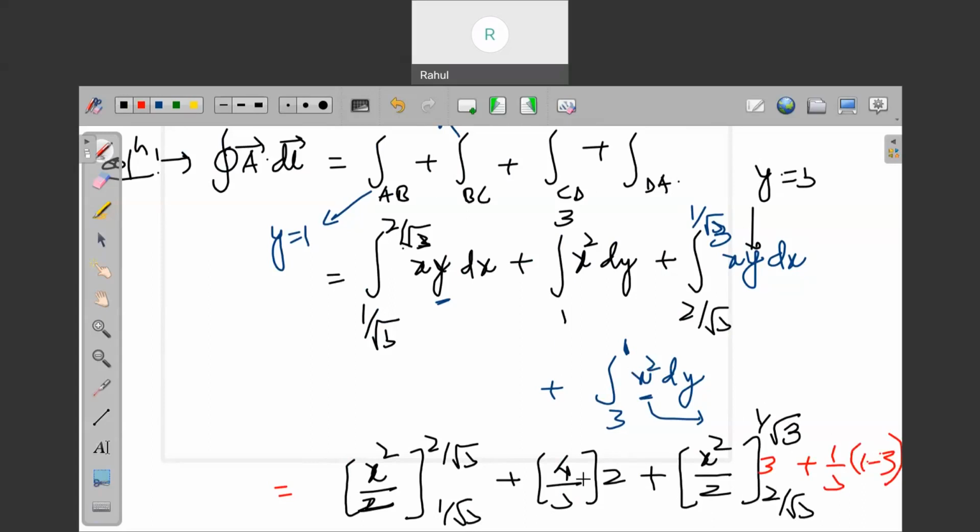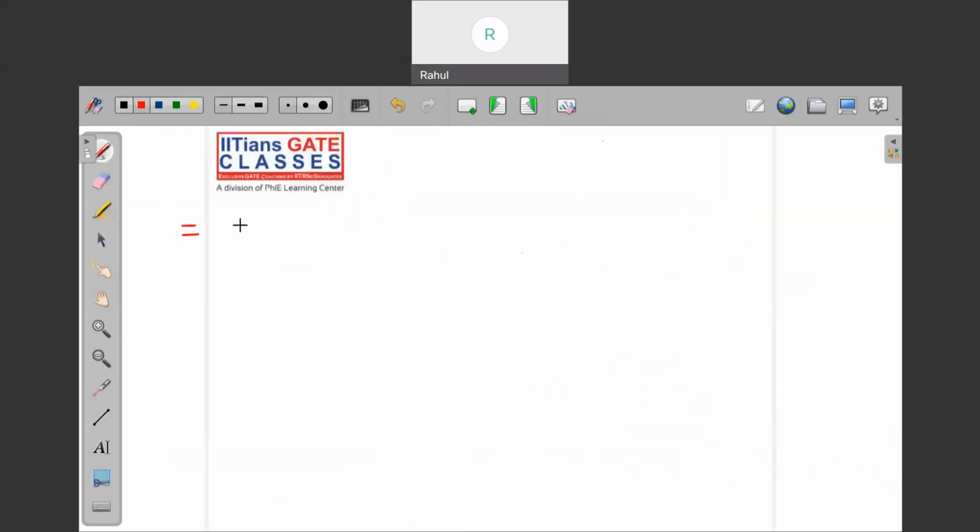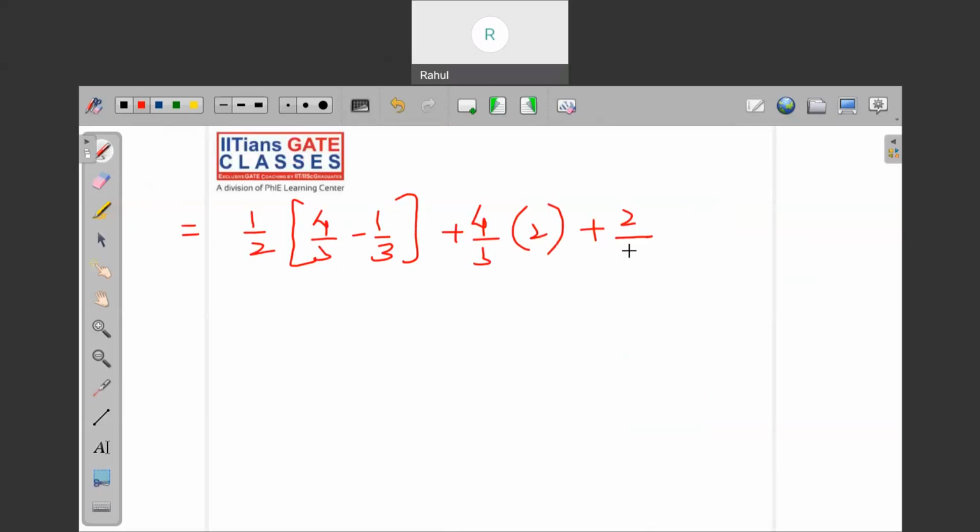Now once you place the upper limit and lower limit and try to solve this, you're going to get 1 by 2 and 4 by 3 minus 1 by 3, plus 4 by 3 calculated, and 2 by 3 by 2, okay, 3 by 2.